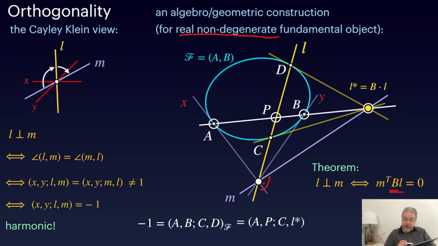Now observe what happens if you view these points from point D. Let me draw 2 more lines into that picture. If you view these 4 points from point D, then you get the following lines. So you get the tangent at point D to our point L star, and you get the other 3 connecting lines. And we know that they are in harmonic position.